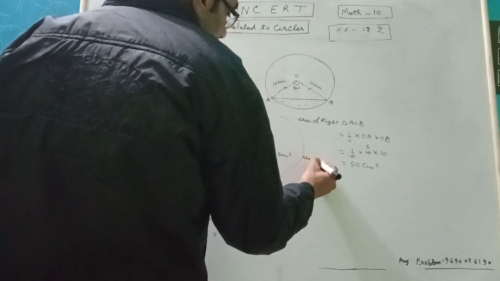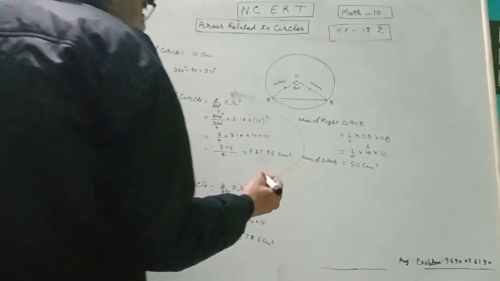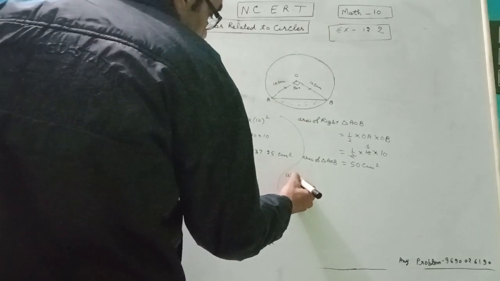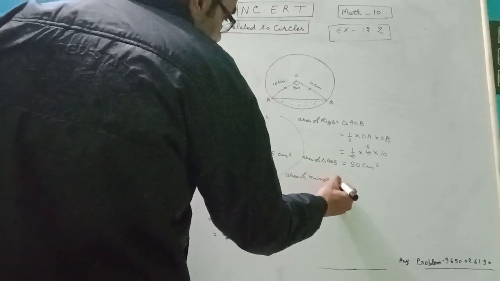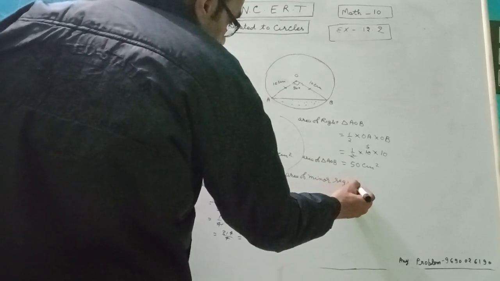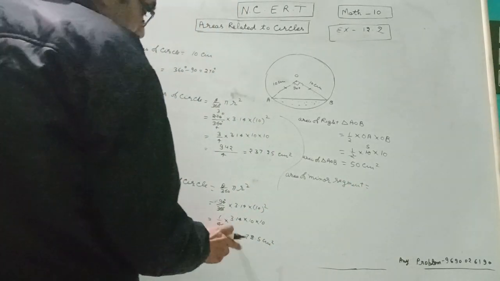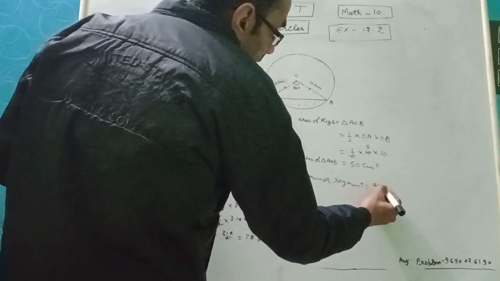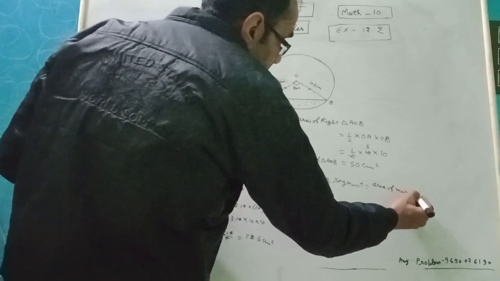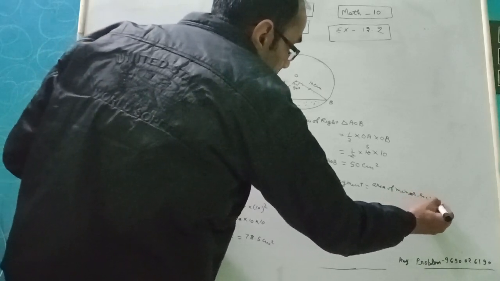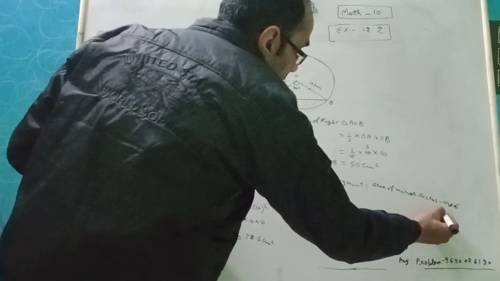Area of triangle AOB is 50. Area of the minor segment is equal to area of the minor sector minus area of triangle AOB.